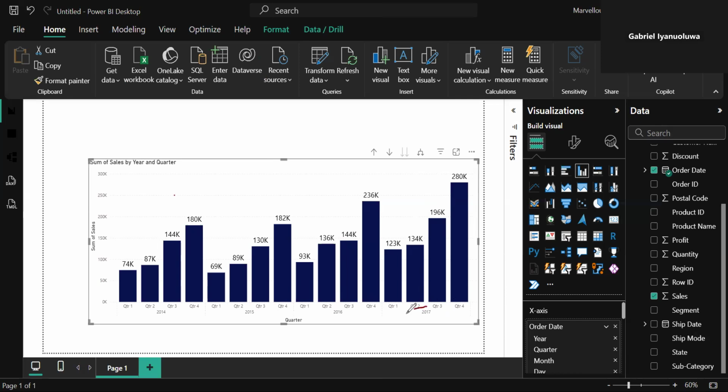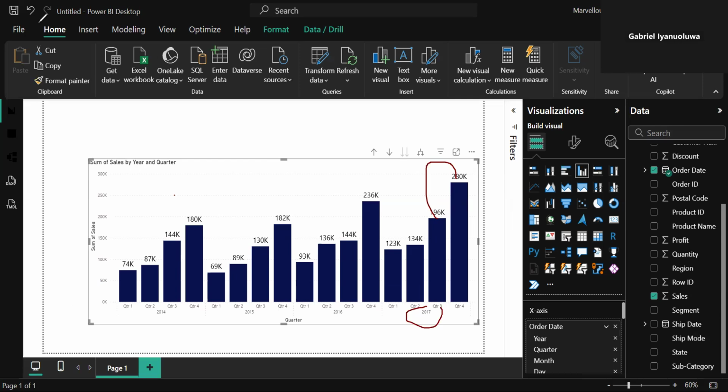So in 2017, we are checking this quarter three. There was an increase down here, from 196,000 to 280,000. That was a massive increase.